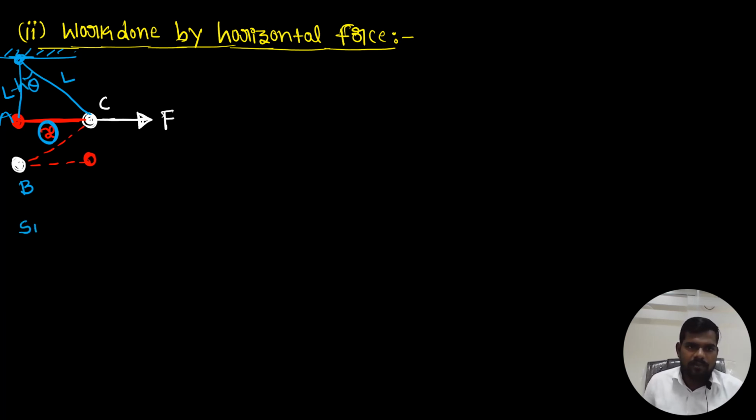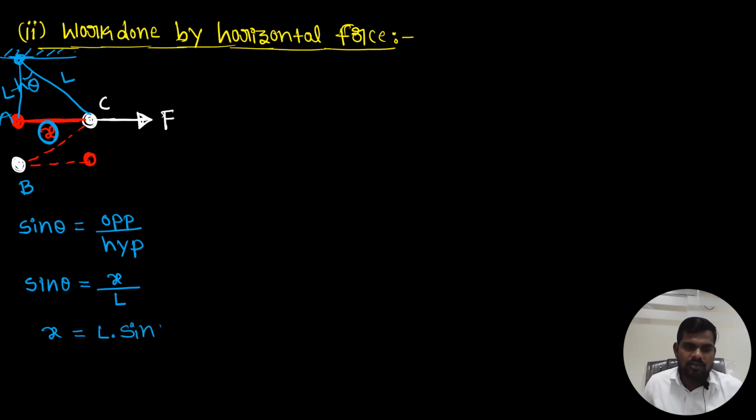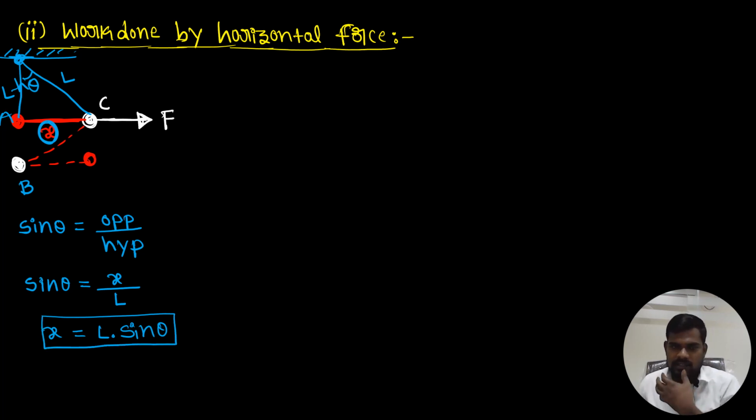If I take sine theta, the formula is opposite divided by hypotenuse. So sine theta, opposite is x, divided by hypotenuse, which is L. Then finally x is equal to L sine theta. So the displacement I got in this case, x, is equal to L sine theta.